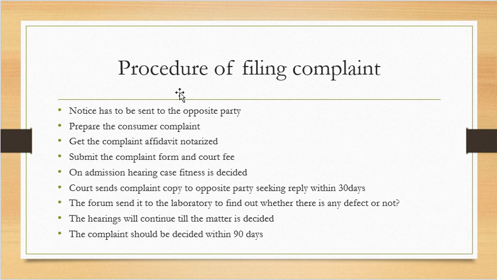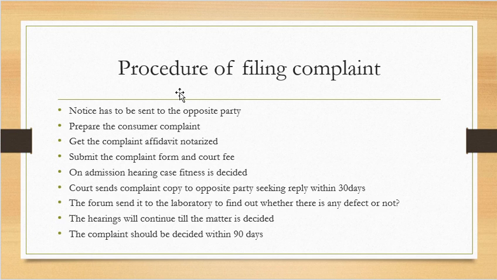The next thing we're going to talk about is the procedure of filing a complaint. The first step is that a notice will be sent to the opposite party, that is, the seller or the producer. Then prepare the consumer complaint in the required format. Then get the complaint affidavit notarized, that is, get the seal and signature through a notary.